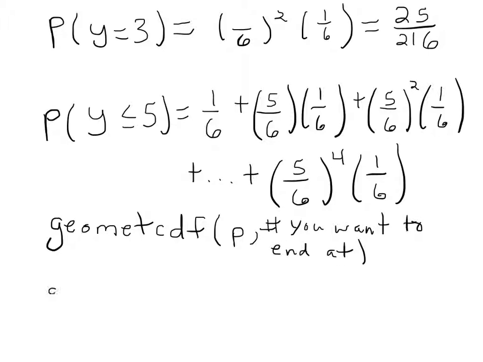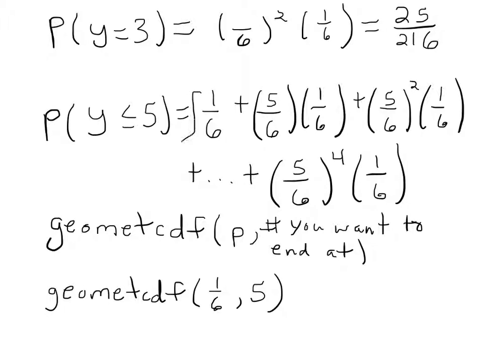So in this case, if I did geometric CDF of, say, p is 1/6, that's my probability of success, and I want to go all the way up to 5, that is the same exact thing as all of this written out here. I'm just going to pause for a second while somebody does this for me on the calculator. Oh, already got it. That's about 60%. It's about 0.60.